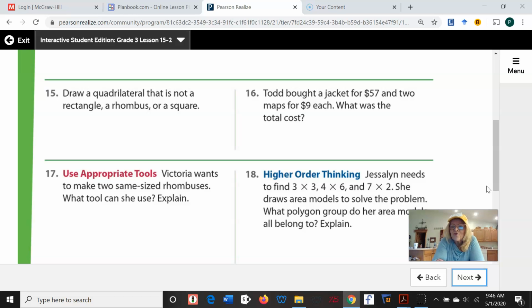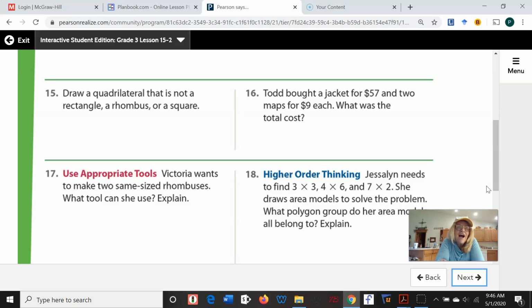How many angles does a rectangle have? Count of three. 1, 2, 3, 4 angles. What kind of angles does a rectangle have? Think time. 1, 2, 3, right angles. Good job.